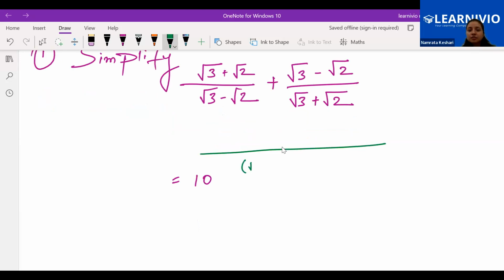That is root 3 minus root 2 and root 3 plus root 2. Now, since root 3 minus root 2 is the LCM here in the numerator's part, what are we going to have, Saad?